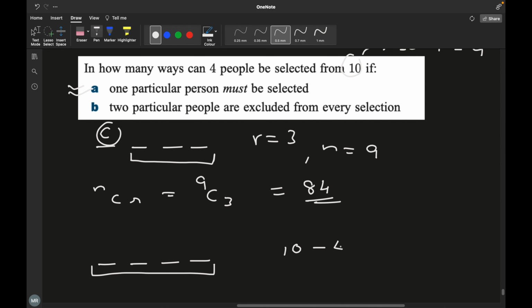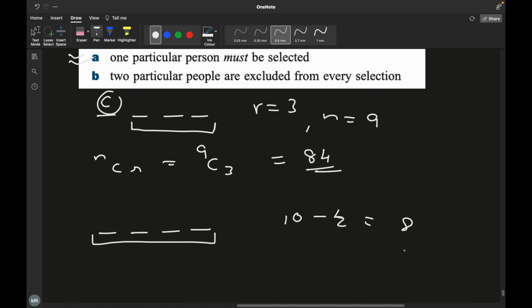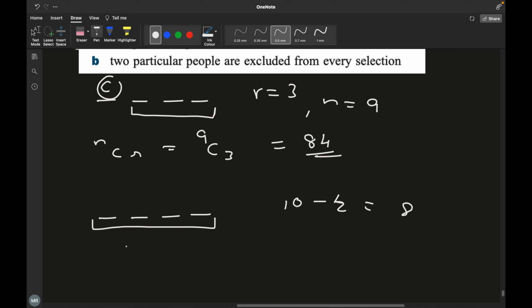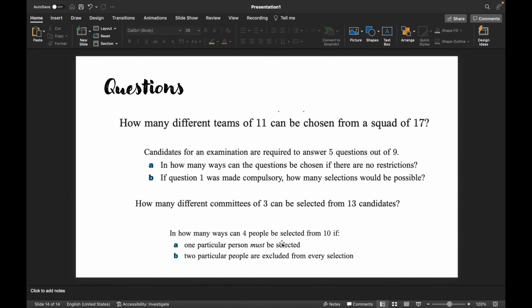So it's going to be minus 2, 8. We have to do 8C4, which is 70. This is the answer. So we're done with these 4 questions. Let's solve some more.